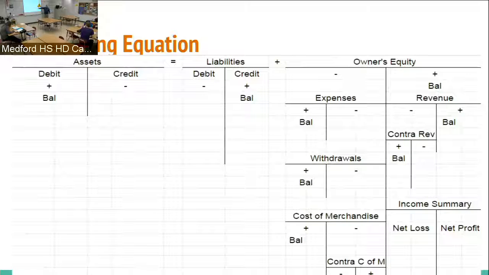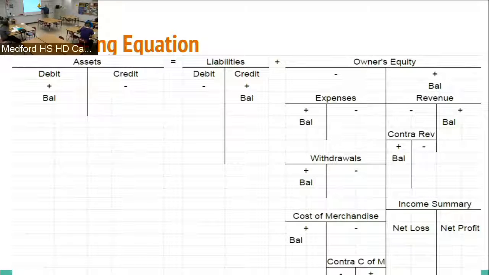Having this somewhere is going to be beneficial to you. As this accounting equation expands, it's maybe, especially early on, not as easy to keep those things straight. This is kind of like the periodic table in chemistry.